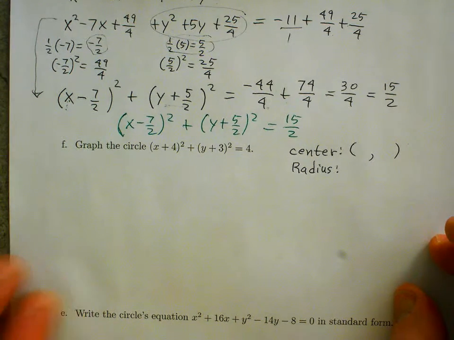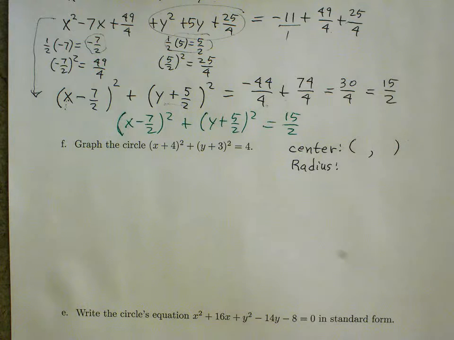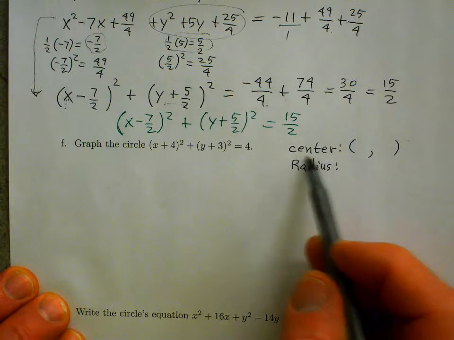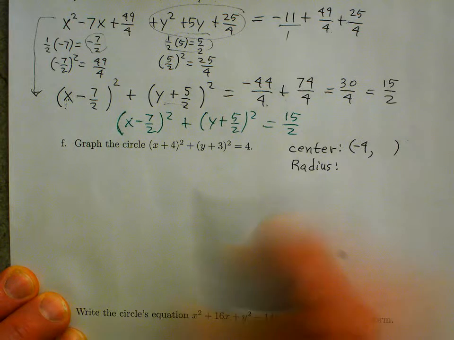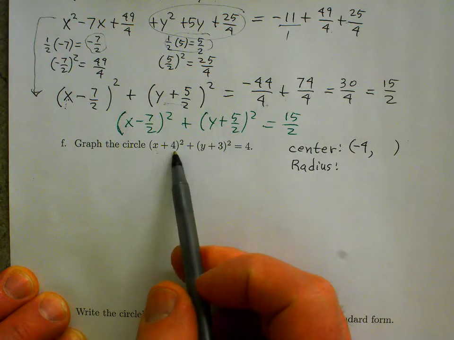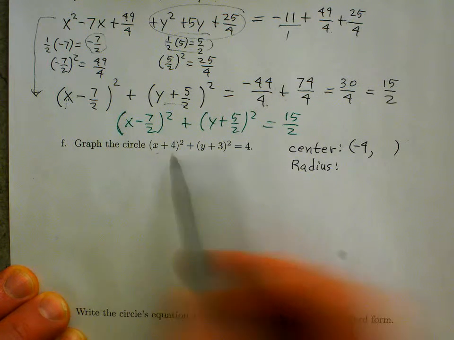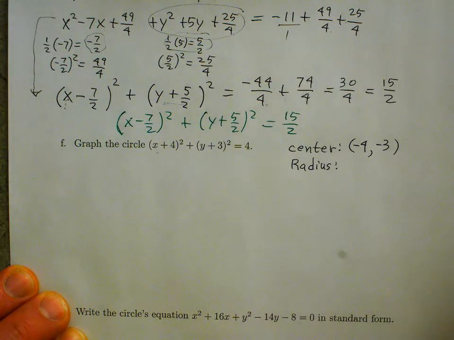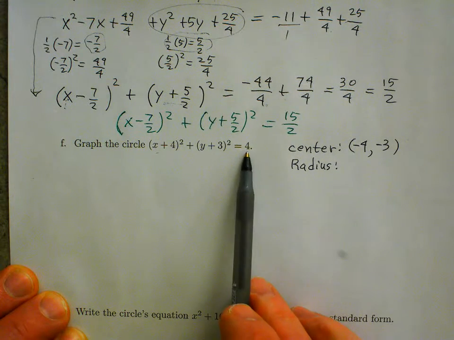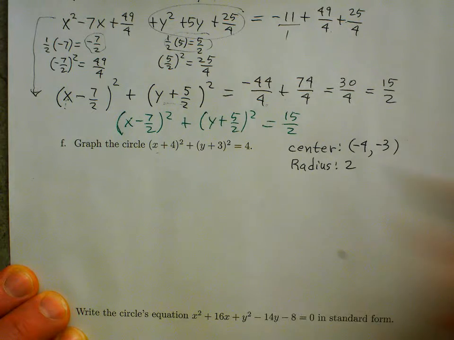And then we can possibly graph something that looks sort of like a circle. The x coordinate of the center is negative 4. X plus 4 is the same as x minus negative 4. The y coordinate of the center is negative 3. And the radius is the square root of 4, which is 2.